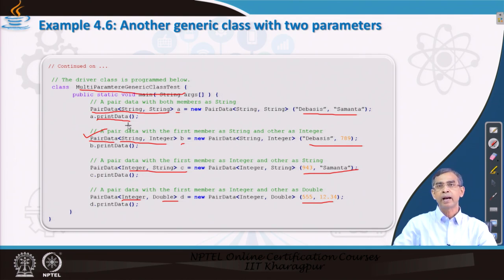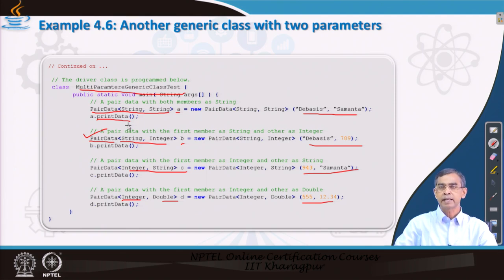So, what we have done here is the generic class that we have declared as PairData for two types of elements, and they can be executed at the time of running, that means dynamically passing different values.